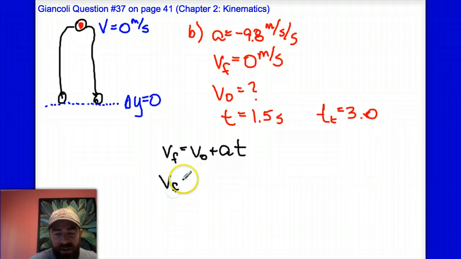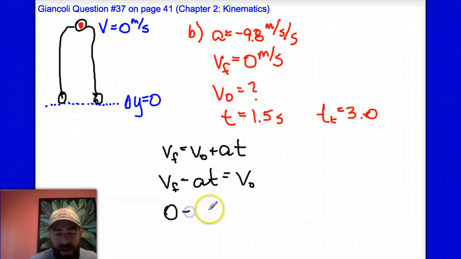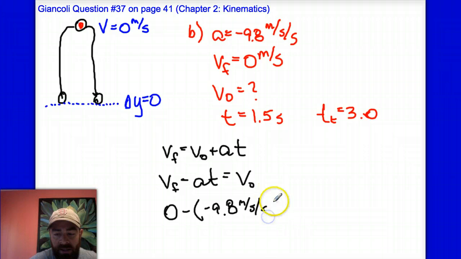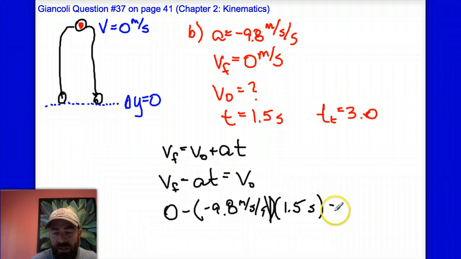I'm going to say that v final minus acceleration times time is going to be equal to v initial, and therefore 0 minus negative 9.8 meters per second squared times my time of 1.5 seconds is going to yield my initial velocity. Running that through my calculator, I should get about 14.7 meters per second is equal to my velocity.